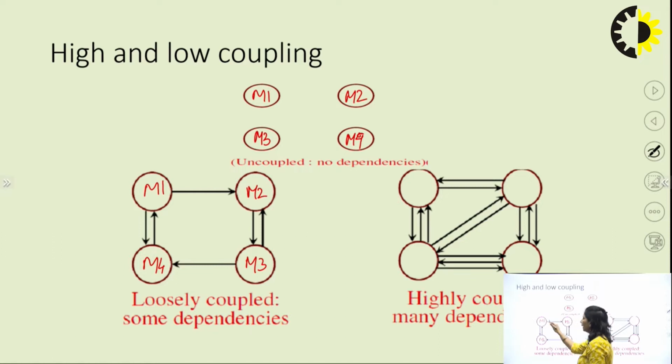Here we have seen some kind of communication between the modules M1, M2, M2, M3, M3 to M4, M4 and M1. So some dependency is there, so we are having some loosely coupled modules. Now look at this. See, in the highly coupled case, every component is connected to each other in many ways. So many kinds of dependencies are there.